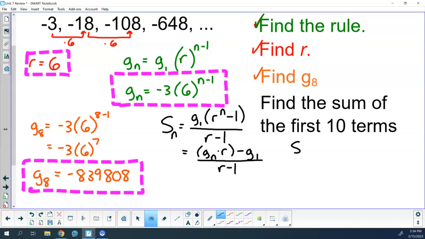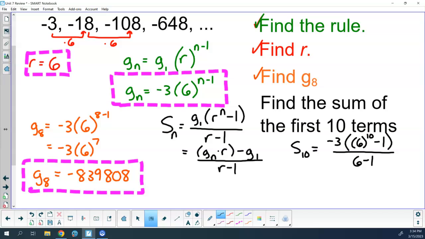So the sum of the first 10 terms is going to be negative 3, because that's my first term, times 6 raised to the 10th power, then minus 1, all over 6 minus 1. So 6 to the 10th power is a rather large number. Then I subtract 1 from it. Then I multiply it by negative 3.